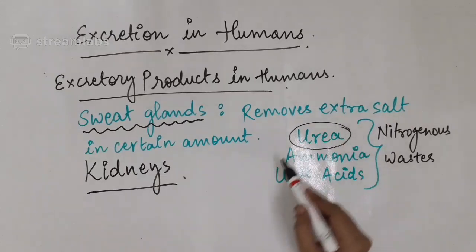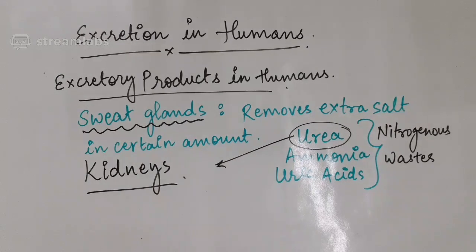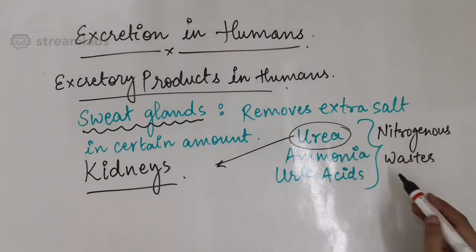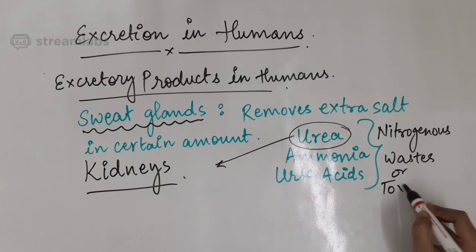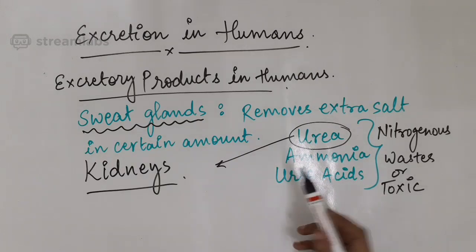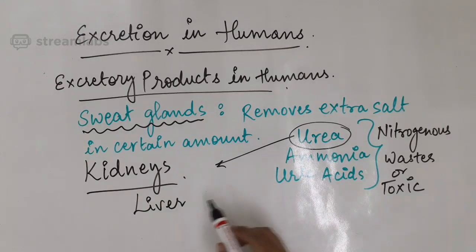Urea is the main product which is excreted out by the kidneys. In our body, all these nitrogenous waste or toxic substances are present, which get converted by the liver into urea.